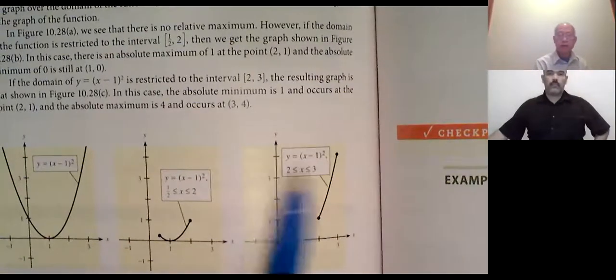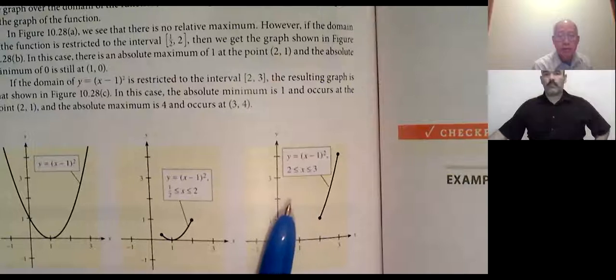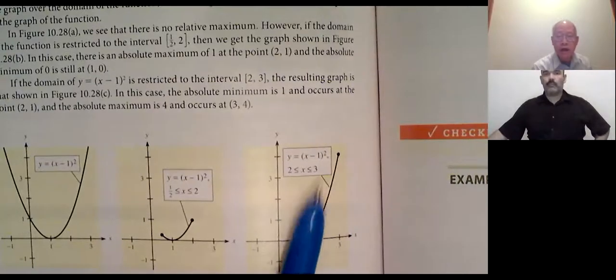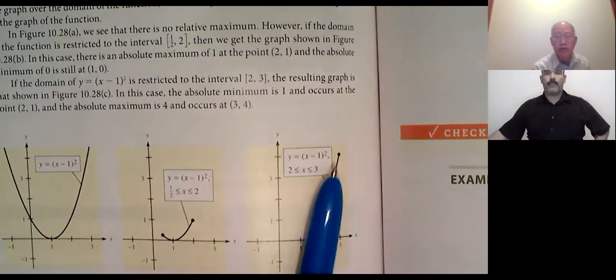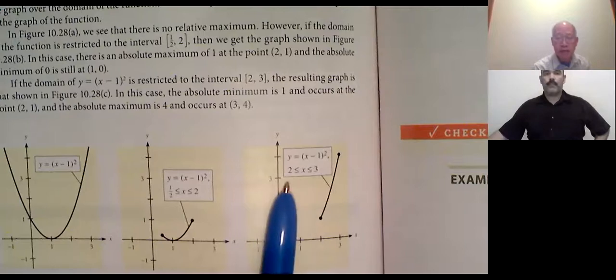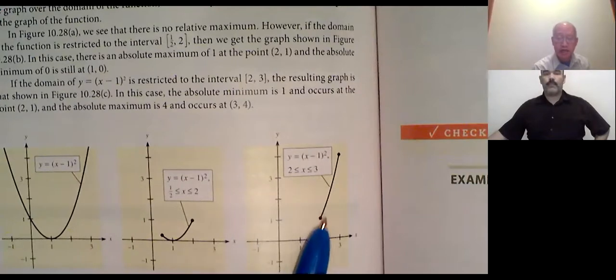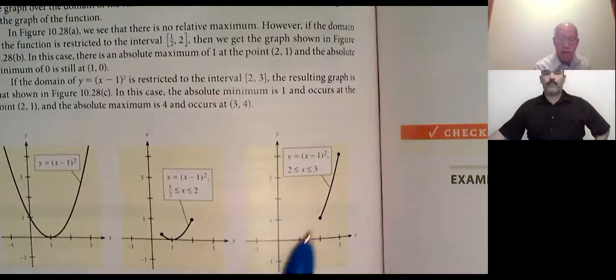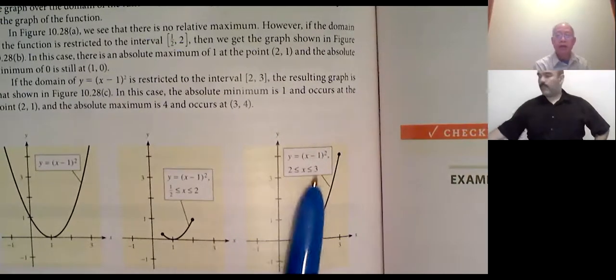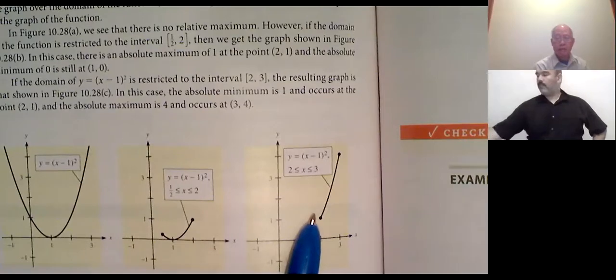Well, the maximum or minimum might occur at an endpoint just because it's an endpoint. If you didn't restrict x to be between 2 and 3 and just let the graph continue its course, it looks like it will keep going higher and lower here, right? But because you're at an endpoint, it happens to be a maximum or minimum.